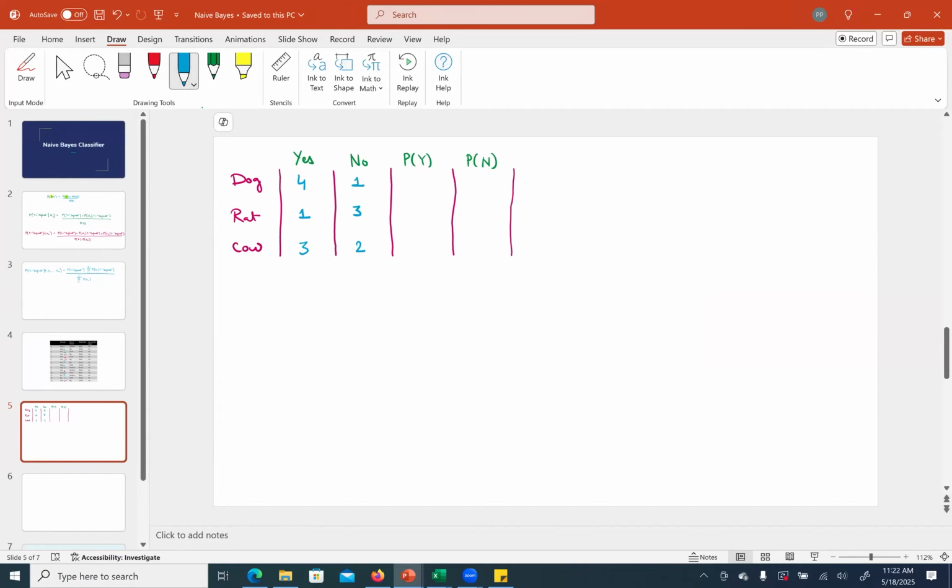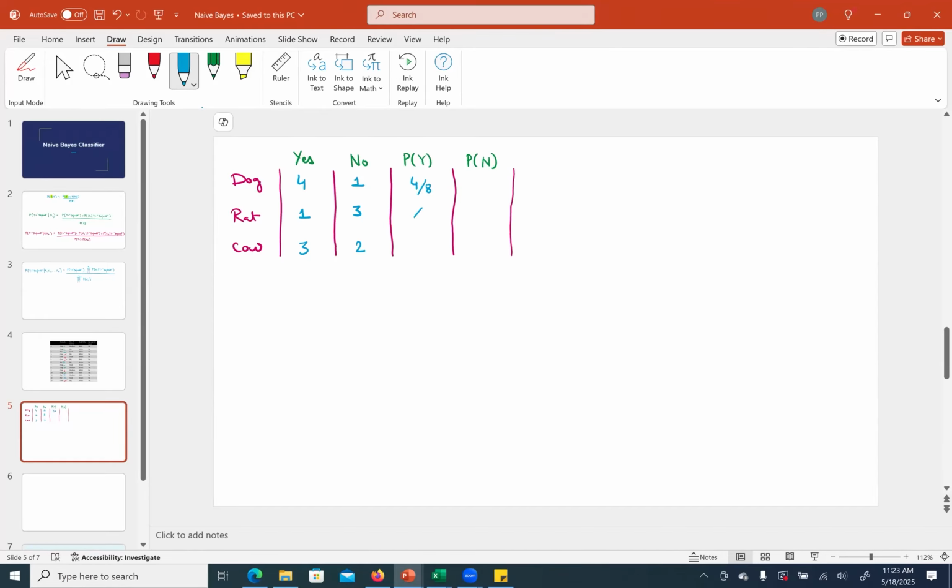Okay. Probability of yes here is at an overall level. What is the probability of yes? Total number of yes that I have is 8. So probability of yes for a dog is going to be 4 by 8. So we are saying that in yes, what percentage of animals are dog?